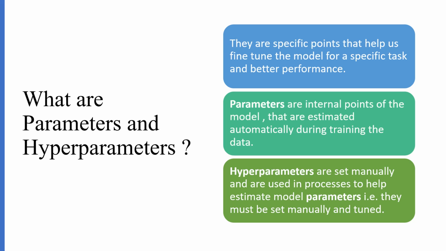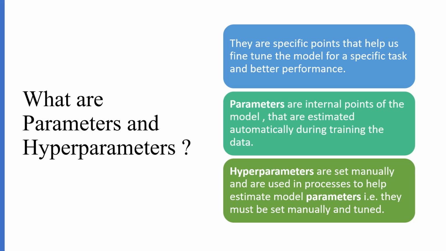But there's a big but here. In order for them to learn automatically, you will need another point here. That's the hyperparameters. They are points that are set up manually and are used in processes that help estimate the model parameters.